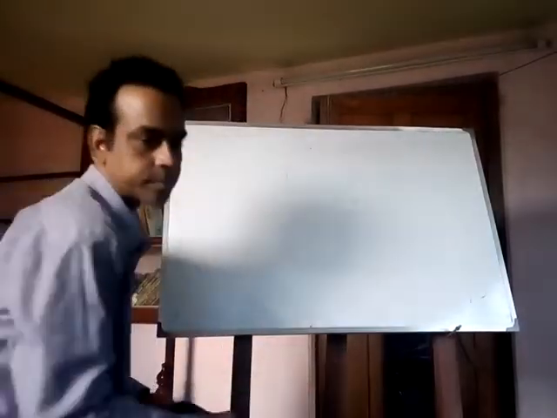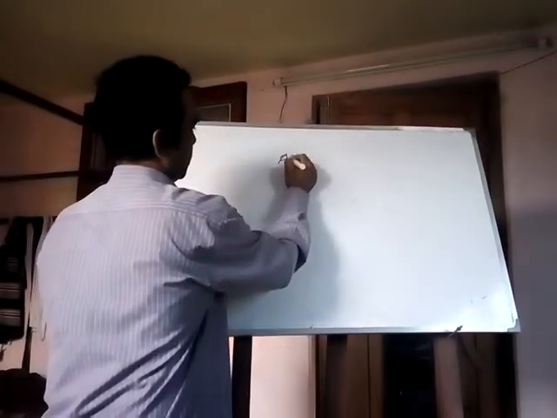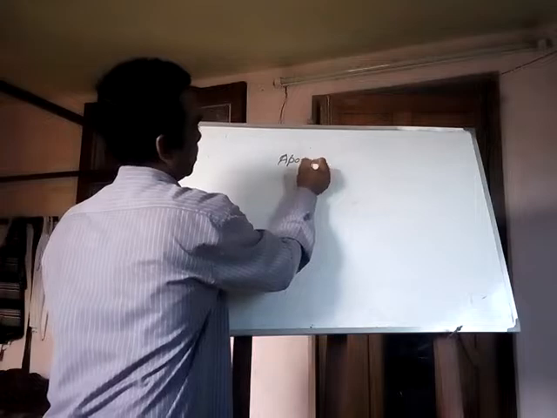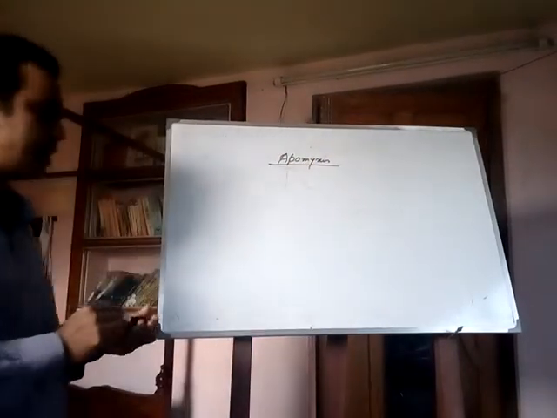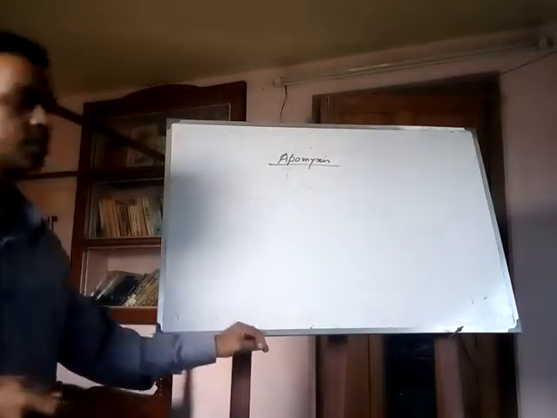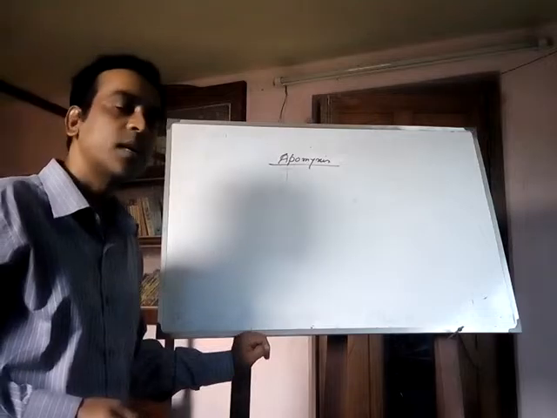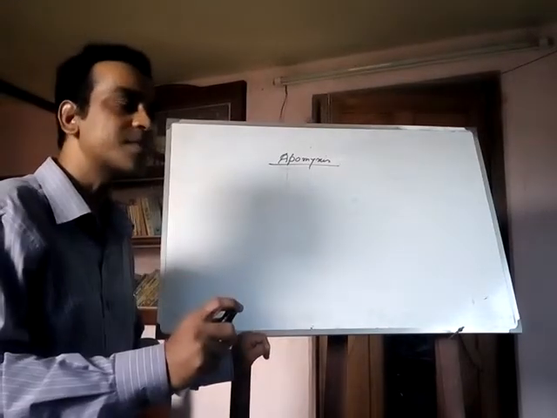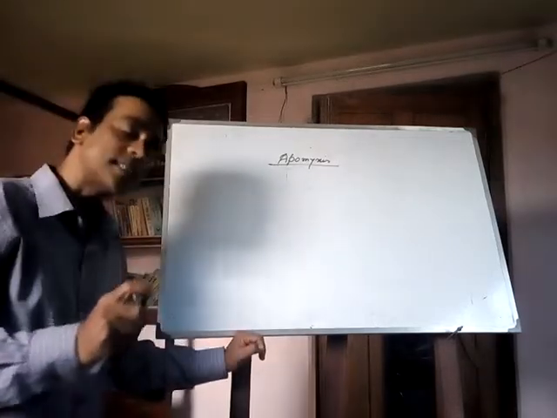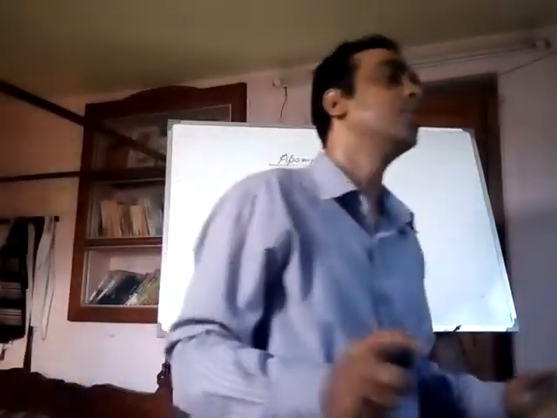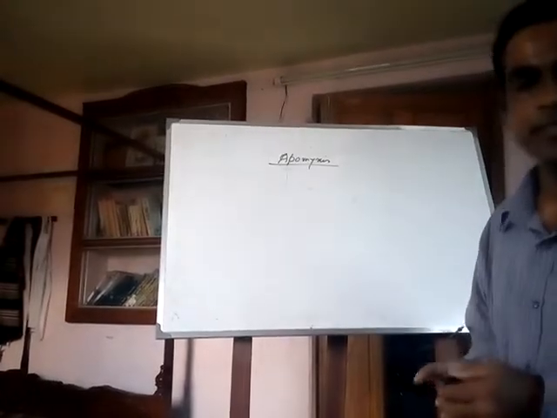Next, apomixis. What is apomixis? Apomixis is a process by which daughter organisms are produced besides the fertilization process. Besides fertilization, the other type of organism-producing process is called apomixis.